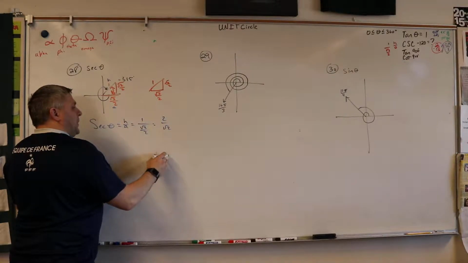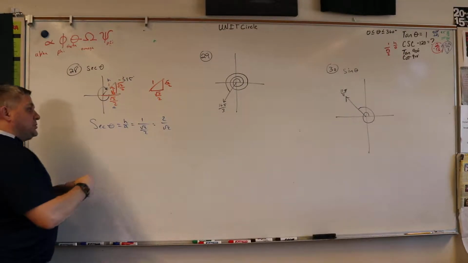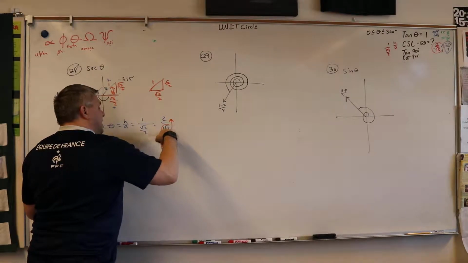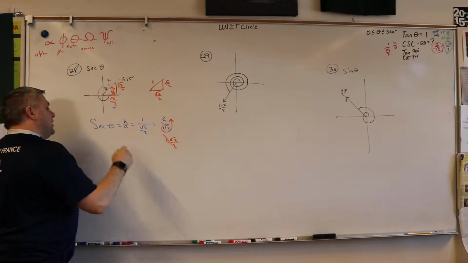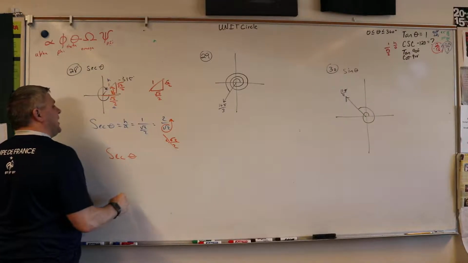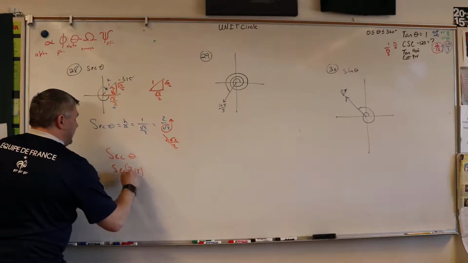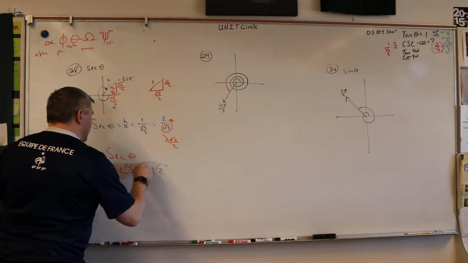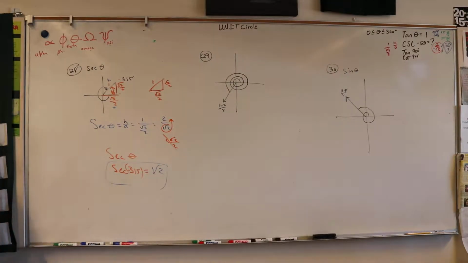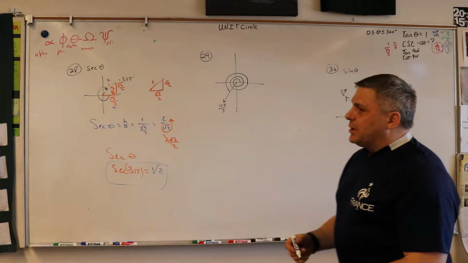And I can't have the square root of 2 in the bottom, so I bring it up, but I leave what's in it down below. But that cancels. So secant of theta, or in this case, secant of negative 315, is equal to the square root of 2. And that goes with that unit circle we've been working on.